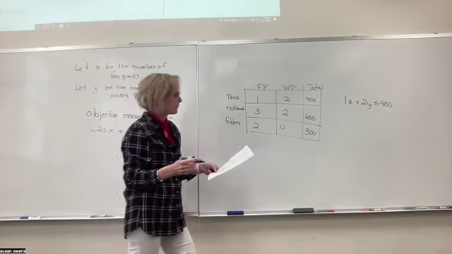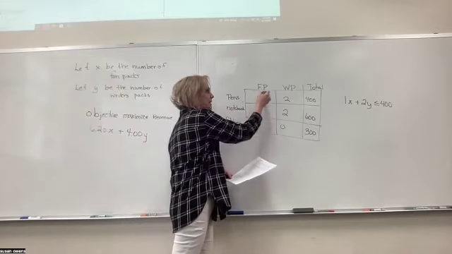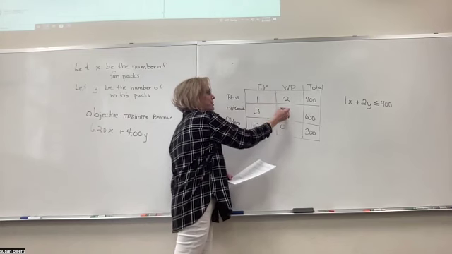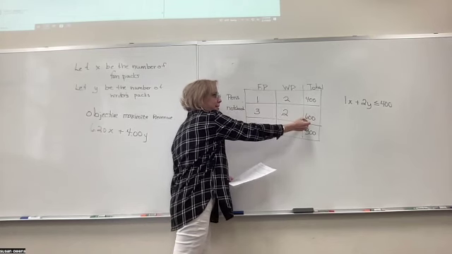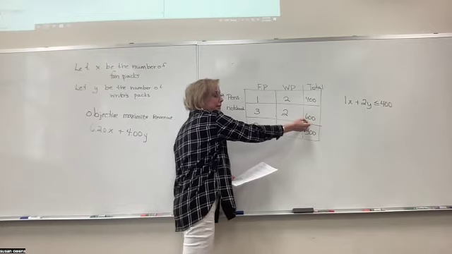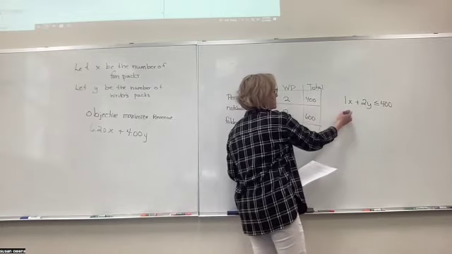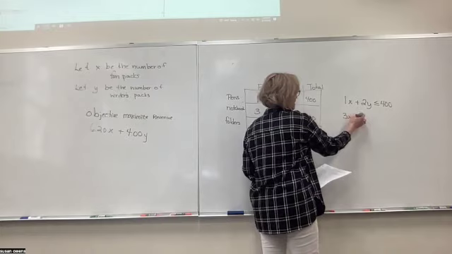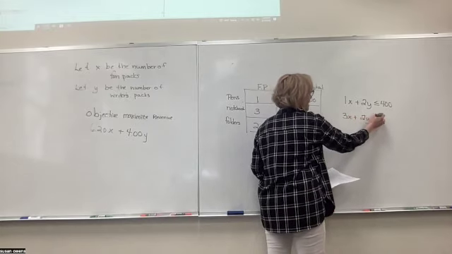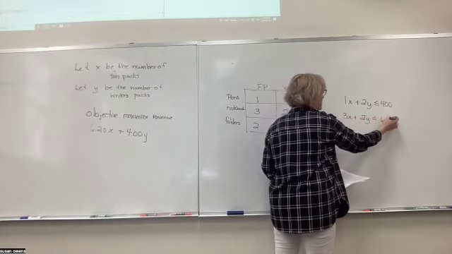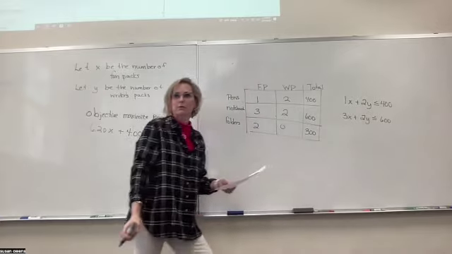Okay? 3x plus 2y has to be less than or greater than? Less than or equal to. 3x plus 2y has to be less than or equal to 600.